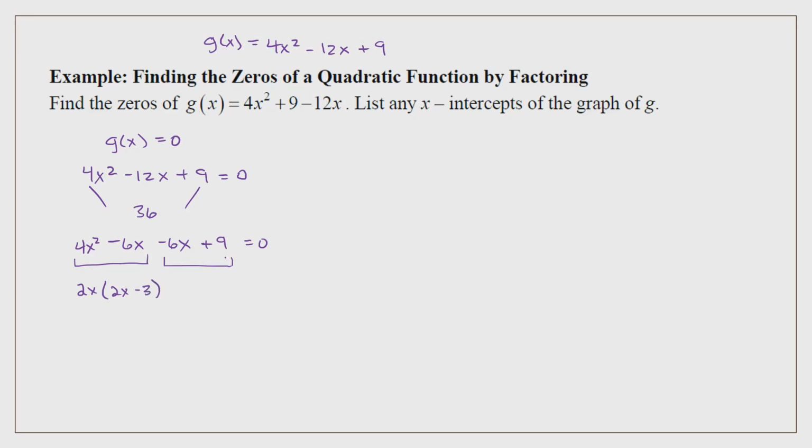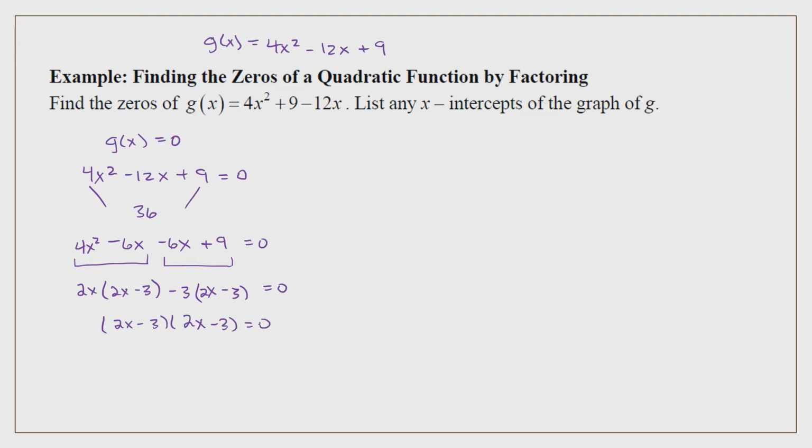In the second grouping, I'm going to factor out the GCF, which would be negative 3, the greatest common factor, and that leaves me with 2x minus 3. So I'm dividing both terms by that negative 3. So now I went from 4 terms to 2 terms, and between these 2 terms, our GCF is 2x minus 3, which leaves us with 2x minus 3.